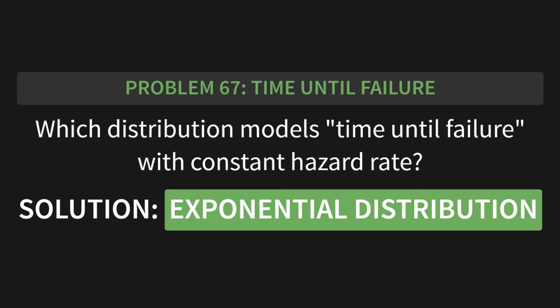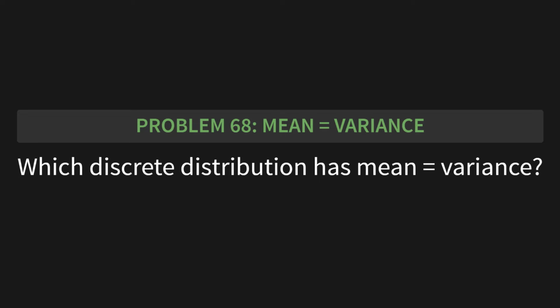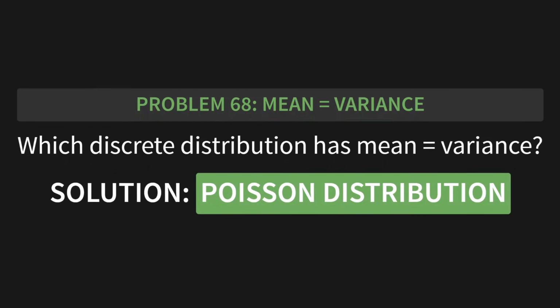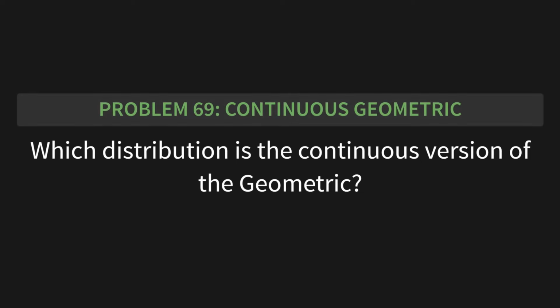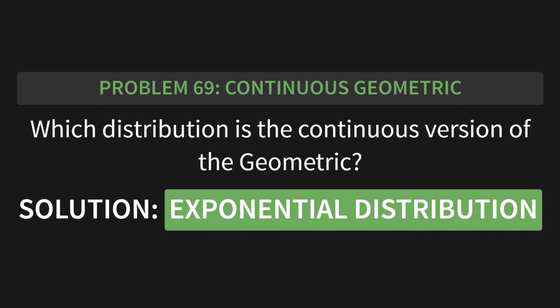Which discrete distribution has mean equals variance? Poisson distribution. Which distribution is the continuous version of the geometric? Exponential distribution.